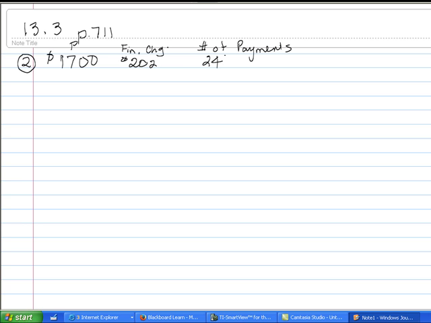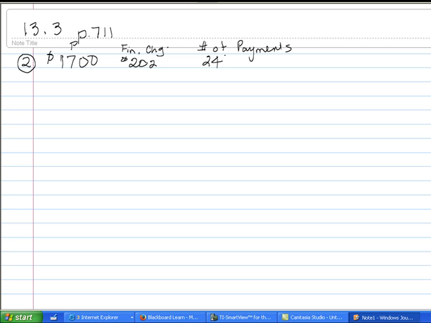So what we want to look at is the table that we have on page 707. It's table 5. It says number of monthly payments, and we'll have 24. All right, and then we have to figure out H, which is the finance charge per $100 of amount financed.